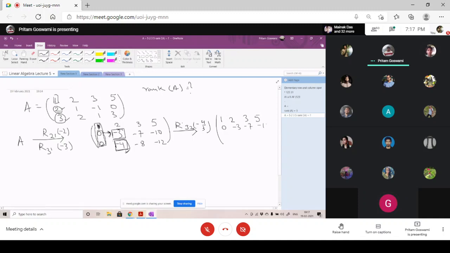The first column will remain the same. The next will become 0, and -7 times -4/3 is 28/3, minus 8. What is 28/3 minus 8? 4/3. Then it will become -40/3 minus 12, which is -40/3 minus 36/3, that is -76/3. Right?